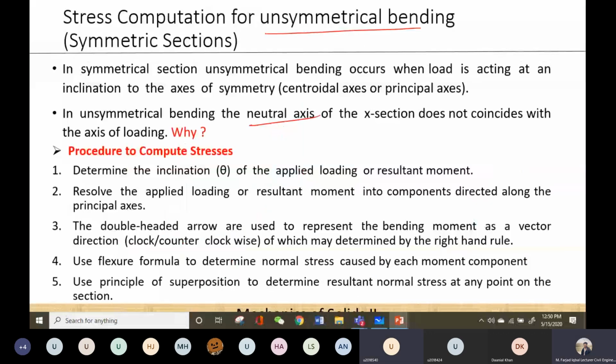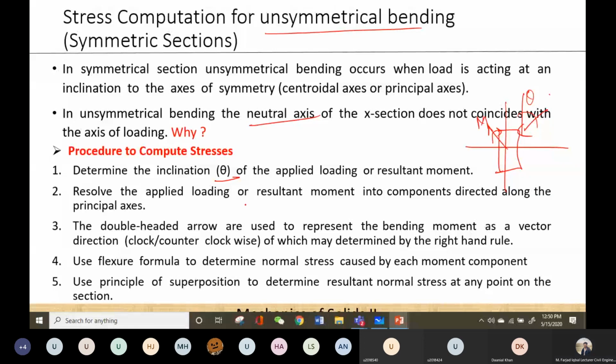So how to calculate the stresses due to this unsymmetrical loading or unsymmetrical bending? First thing is we need to determine the inclination of the applied loading or the resultant moment. Just like I showed you in the slides, when the load was acting at some inclination to this cross section, we need to figure out what this inclination is. And the second thing is we need to figure out the inclination of this bending moment.